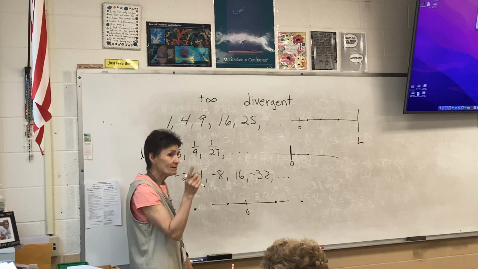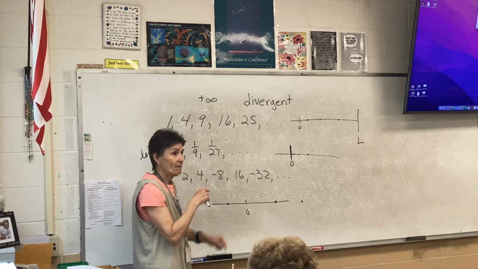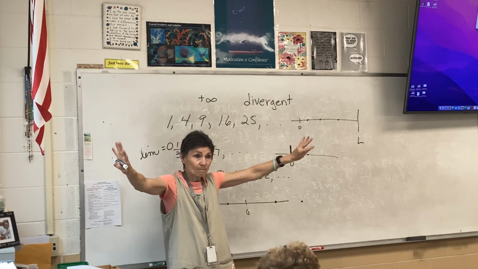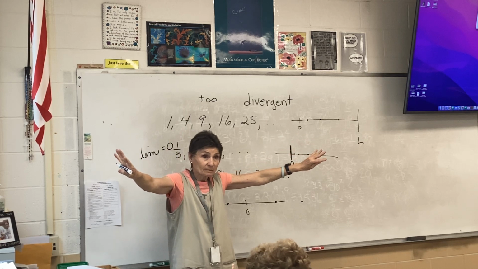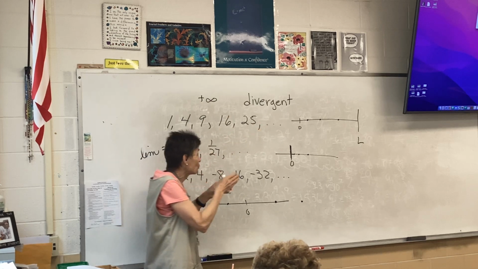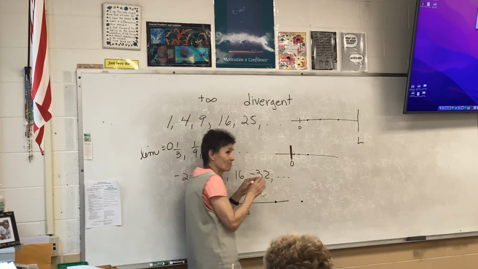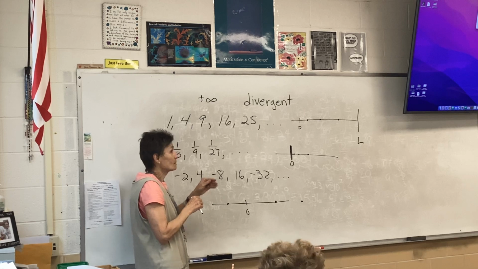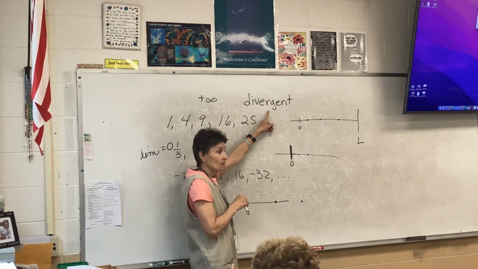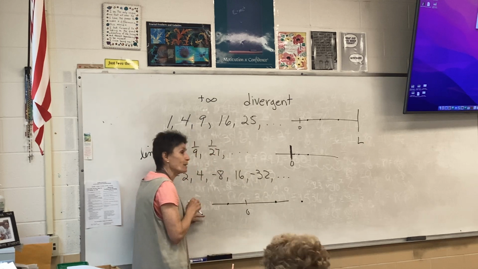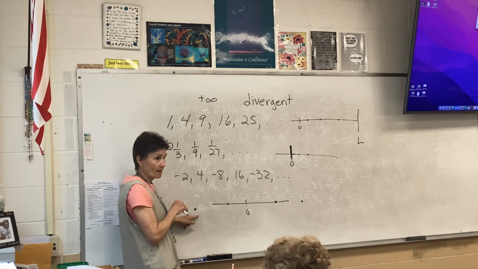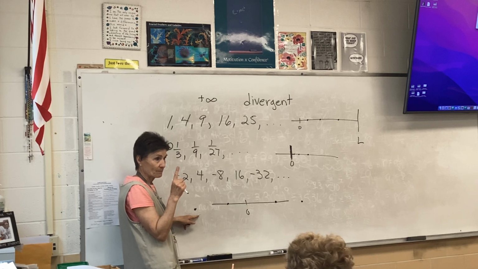It's going positive and negative, but each time it goes positive and negative, it actually goes further out. So what does that mean? If it's getting further out, if it isn't coming closer to something, it's divergent. Now, for this problem, you can't say positive infinity, all right? Every sequence has one limit.